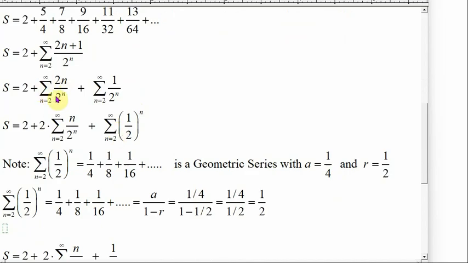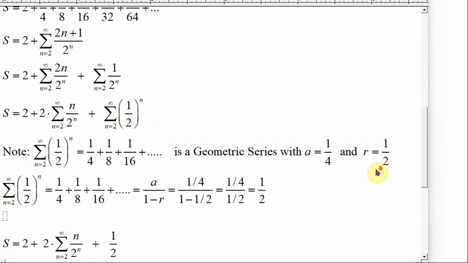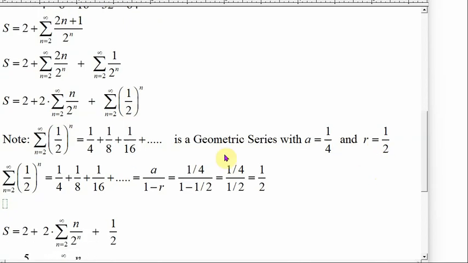And then this part is the same as 2 times n over 2 to the n, where n starts at 2. And this is the geometric series with the first term of 1/4 and common ratio of 1/2. And so this part will get 1/2.